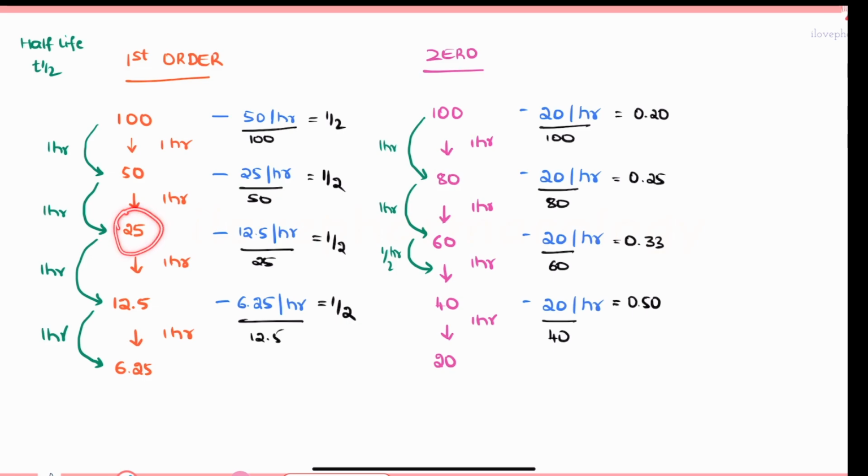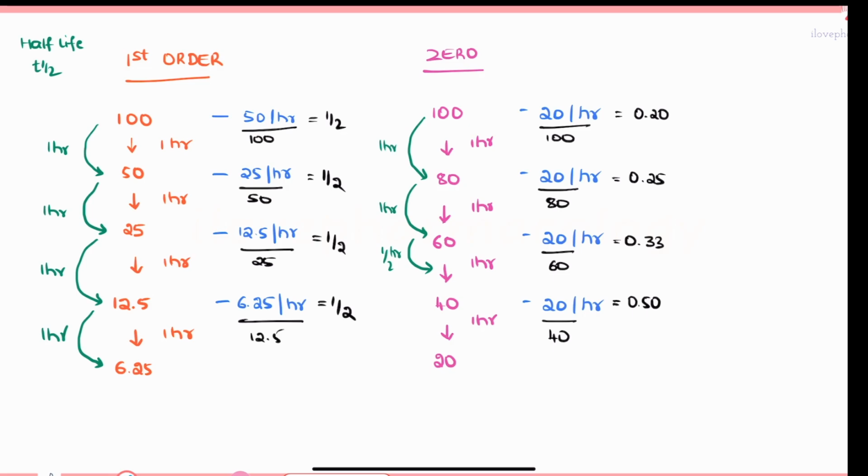Out of 25, 12.5 per hour will be eliminated. Out of 12.5, 6.25 will be eliminated, likewise. So that means the rate of elimination is proportional to the plasma concentration everywhere.